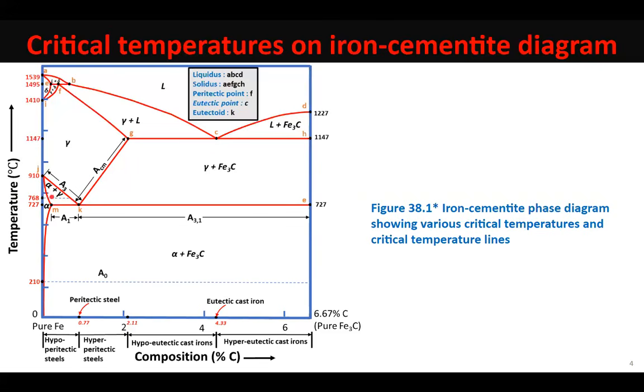And why have I drawn this line only up to here? Why not beyond here? Because beyond this point you will never get to have ferrite in any steel at a temperature as high as 768. So whenever ferrite is present in hypoeutectoid steel below 768, it would always be magnetic. Beyond that it would be non-magnetic.